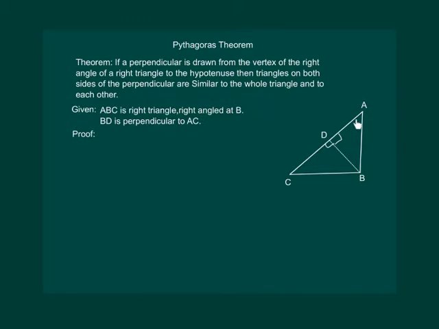Consider one of the smaller triangles and the complete triangle. Clearly, we can see that angle A equal to angle A is common.